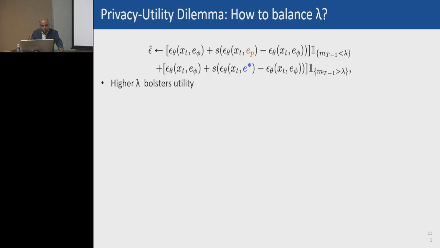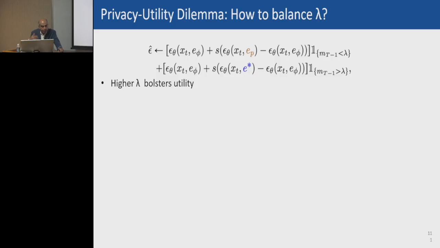So if you look in more detail, if we select lambda as high, it will improve the utility. This is a very high value, and if the copy detection metric is less than that, we'll use this one, which will be the original prompt.